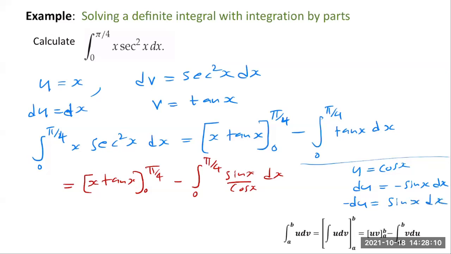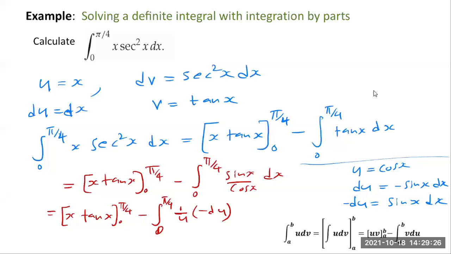So if I go with that substitution, okay, this is what you get if you do the substitution here. Sine x times dx is equal to minus du. I can put minus du here. And of course, this is your u. You put u there. This is what you get.